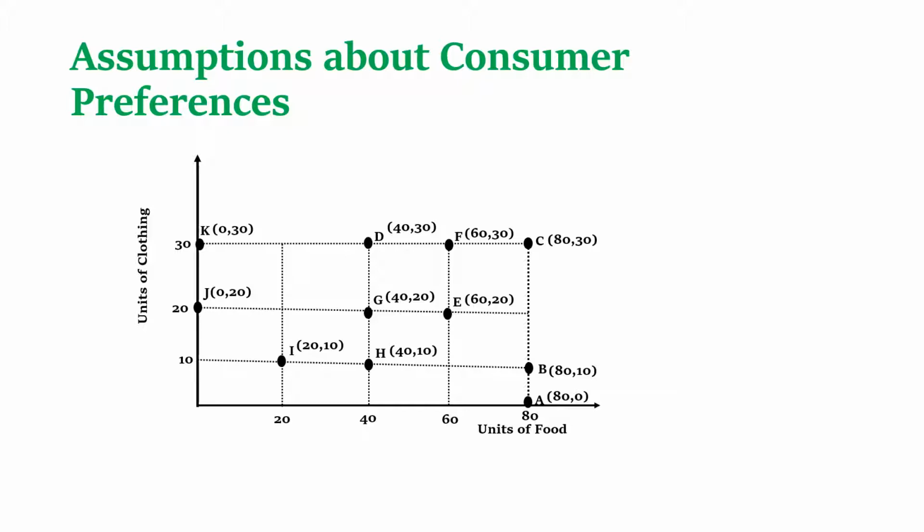Now, we see that the consumer prefers bundle C to bundle B because he gets more of clothing and the same amount of food.